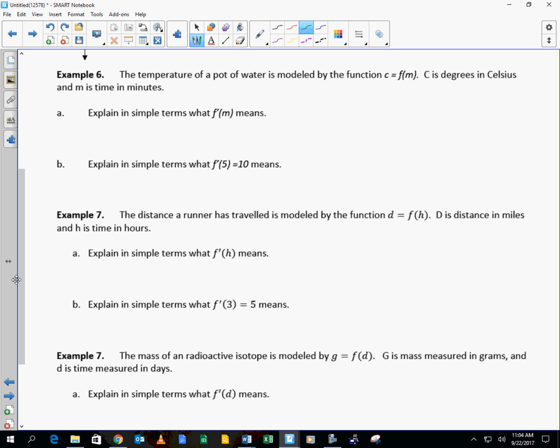When I see prime, what keyword should come to mind? Derivative, instantaneous. Instantaneous what? Rate of change.